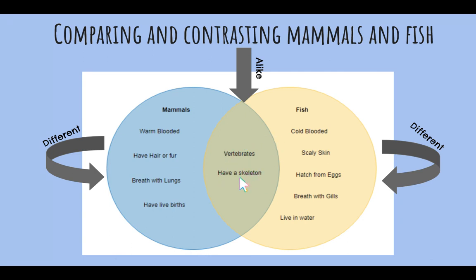It says vertebrates and have a skeleton. So those are how these two things are alike, okay? So remember, one side is how they're different, one side is how they're different, and then the center is how they're alike. One title goes on one side, the other title goes on the other side.